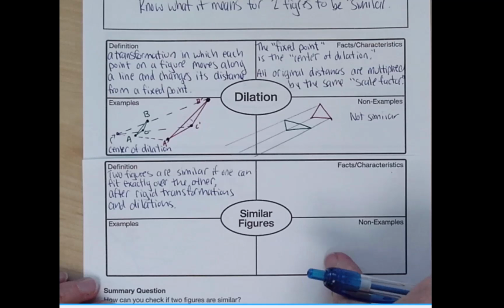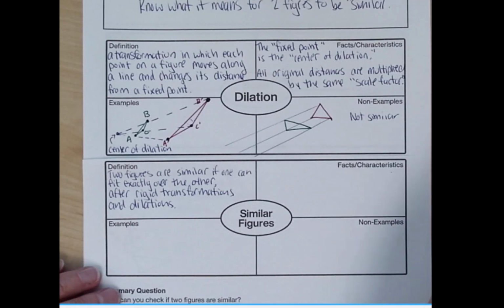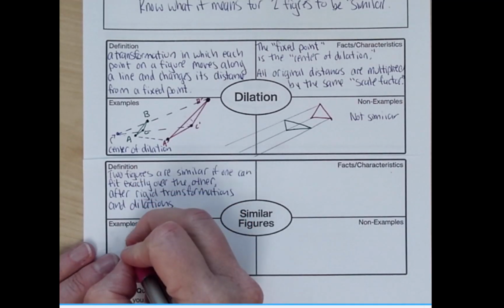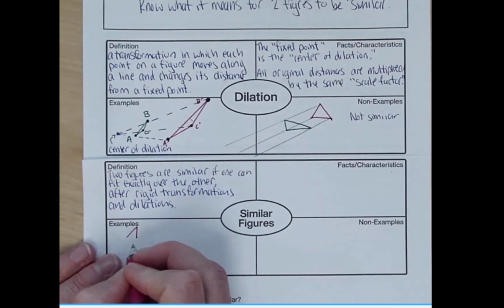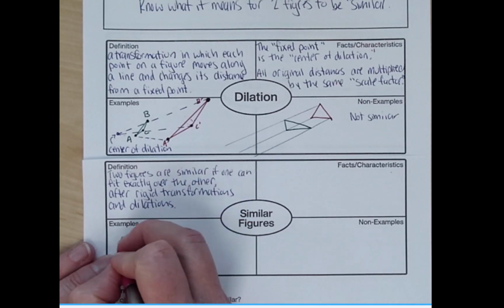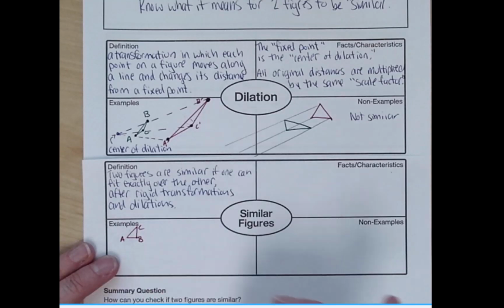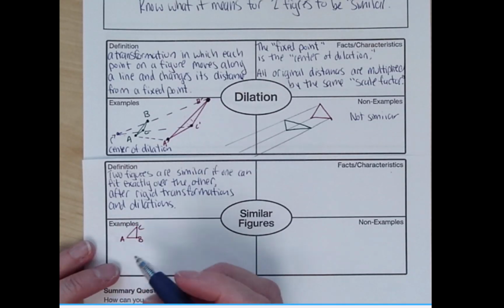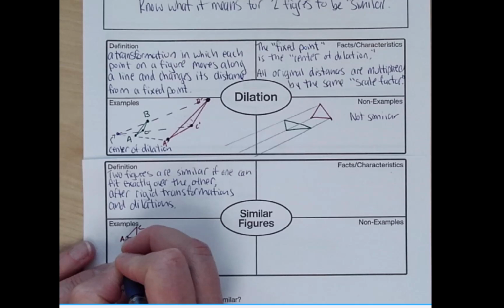Let me see if I can show you what I mean. It's going to be a little tricky to draw my example, but I'm going to draw a triangle ABC. I'm going to try and make it a right triangle. I could rotate this, pivot it here on point A, and bring this right angle down a little bit here.